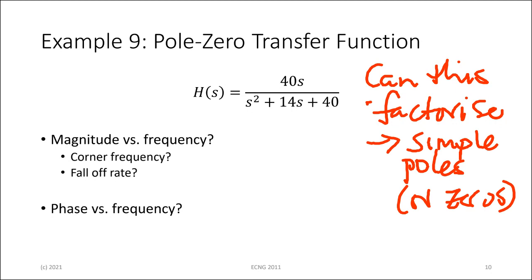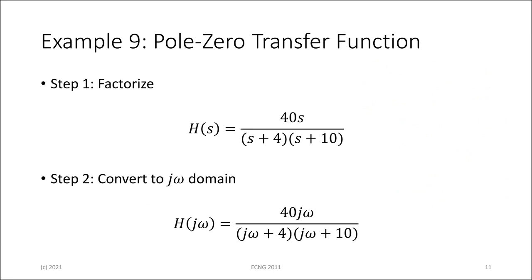So you can look at this and see if it can factorize. 10 and 4 will give me 40 and will also give me 14. So just by inspection, this one is fairly straightforward. So the first step is to try to see if I can factorize this thing, right? Of course, if it can't factorize by inspection, you can use the quadratic formula and get the roots.